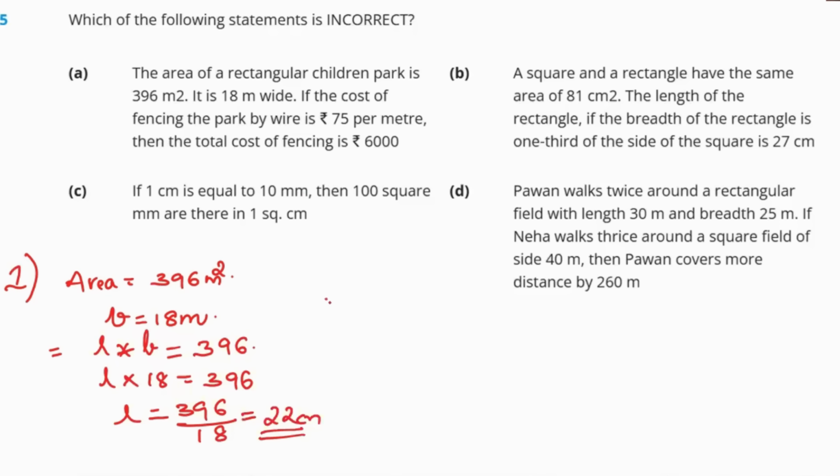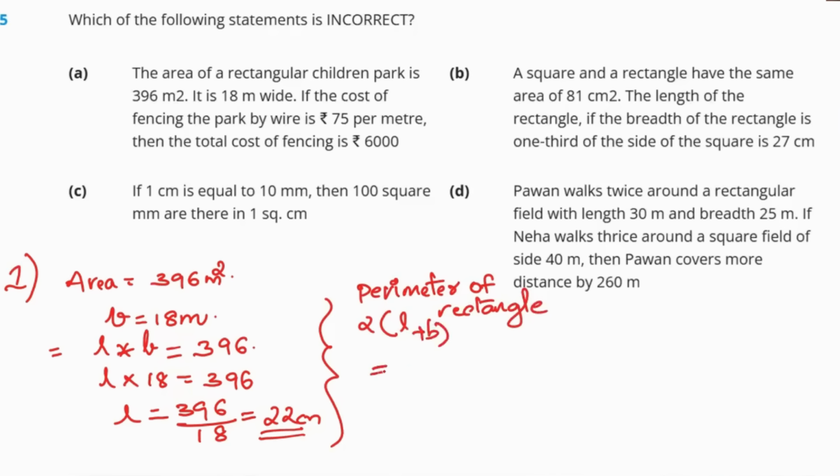So first we will find out the perimeter here. The formula for the perimeter of a rectangle is 2 into (L plus B), which is 2 into (length plus breadth).